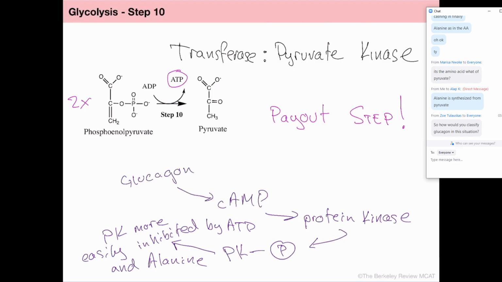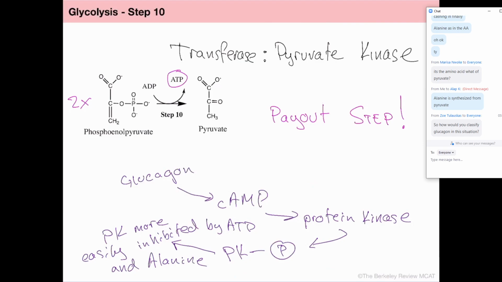But pretty much anything like this little pathway that I drew here, where you have something that turns on something, that turns on something, that inhibits something, is how pretty much every single bio MCAT passage is going to be. And it's your job to be able to draw this little pathway and know what is going on.